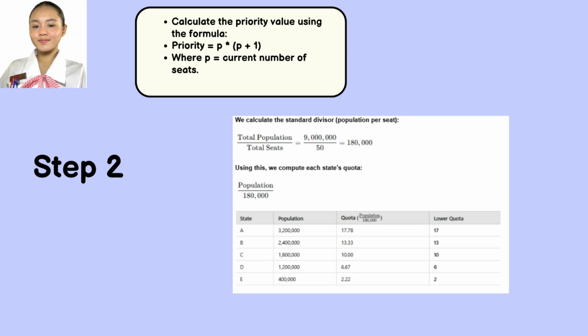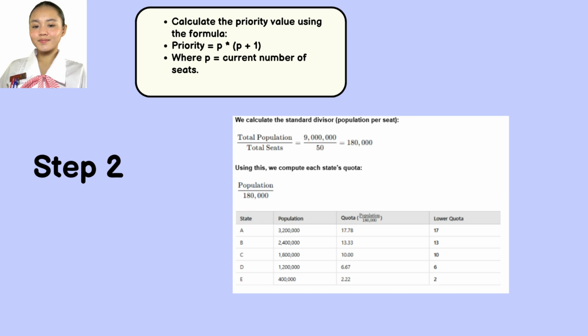Step 2. Compute the standard divisor and lower quota. We calculate the standard divisor as total population divided by total seats. So the total population is 9 million and total seats is 50. So 9 million divided by 50 equals 180,000.